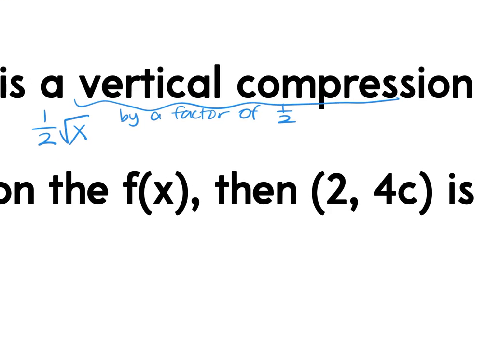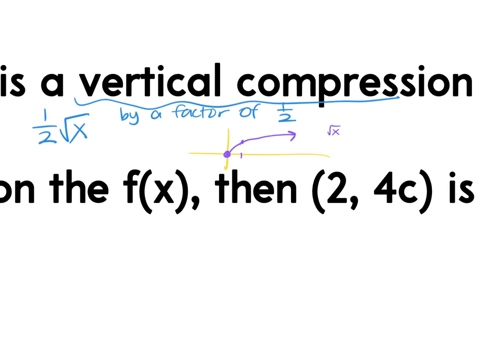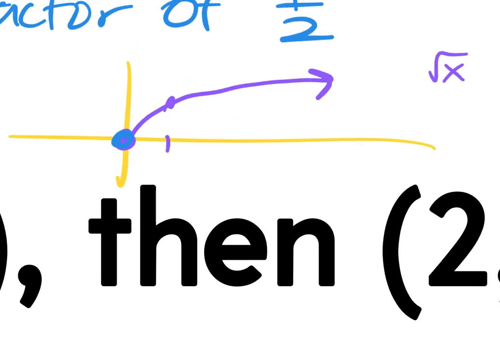And if I was to graph them both on the same initial coordinate grid, then my parent function would be at 0, 0 and 1, 1, because it would be just square root x. And this vertically compressed by a factor of 1/2 means that 0, 0 is still the same, but my 1 is going to get multiplied by 1/2, so it goes to 1/2, and it would look like that.